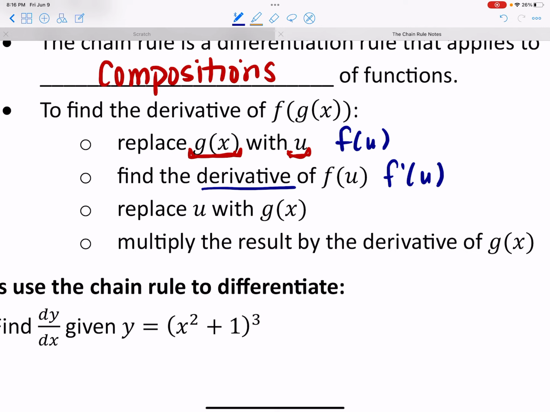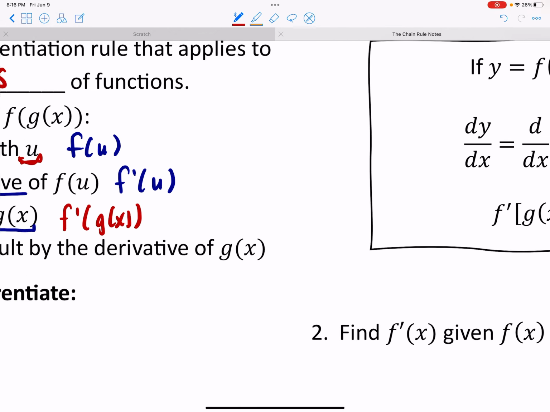Now I substituted u in, but ultimately we're trying to deal with this f of g of x. So after I differentiate my outer function, I'm going to replace u with g of x, which is what it replaced originally. So now I'm going to get u out of the picture and put g of x back in. That's going to give me, instead of f prime of u, f prime of g of x. And that is what we have here.